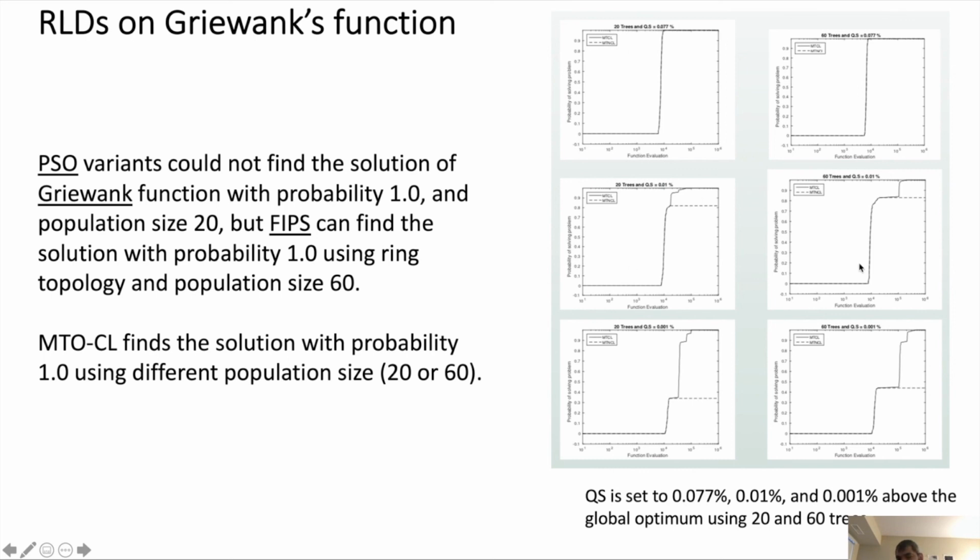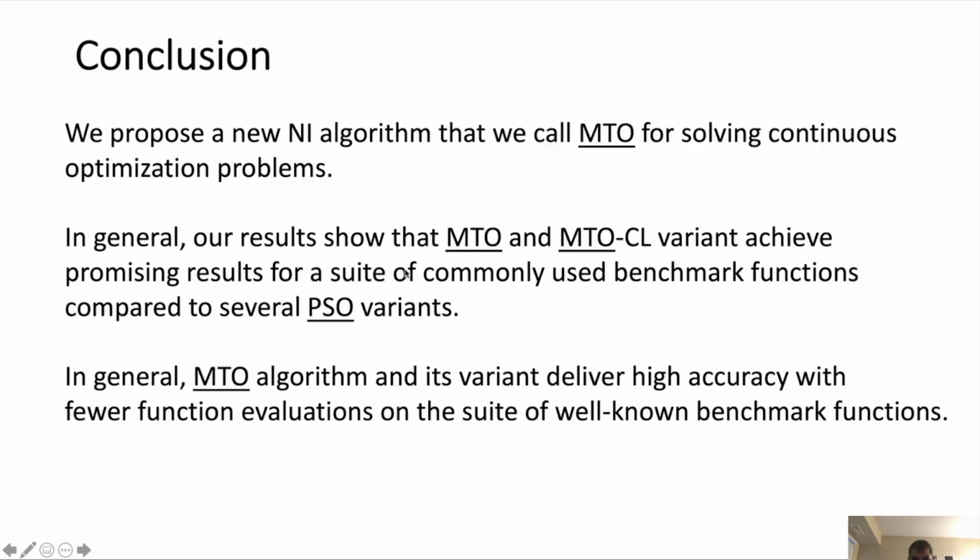However, in this case, when we increased the number of agents from 20 to 60, we still have the same problem of stagnation with MTO. But MTO-CL is pretty good and achieves better results than even MTO.